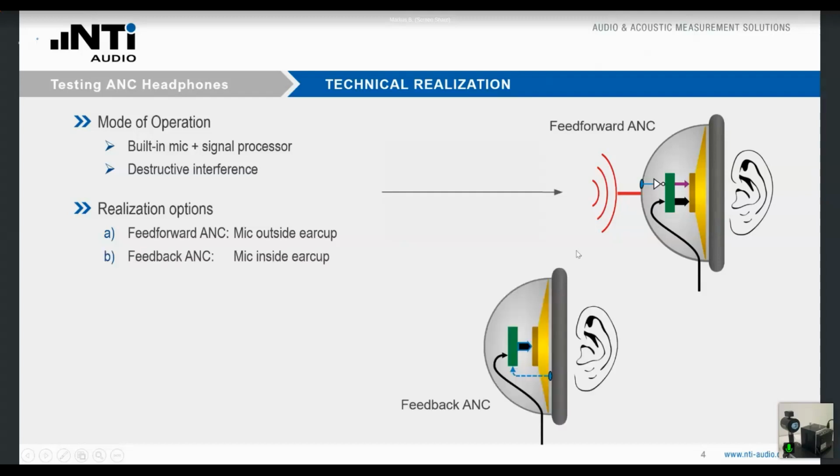This here is the second way of realizing an ANC headphone, that is the feedback ANC. Here we have the microphone inside the ear cup, actually in front of the internal loudspeaker. Now you can imagine the DSP knows the music signal it should replay. It also knows the actual signal at the output of the loudspeaker. And then it can calculate whether there is a difference, and it can take action to compensate for the difference.